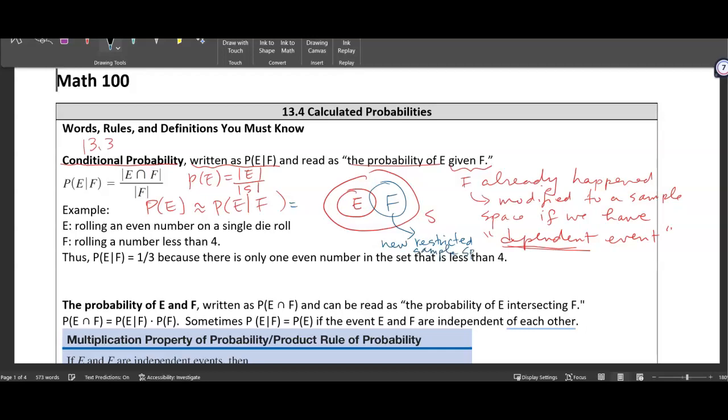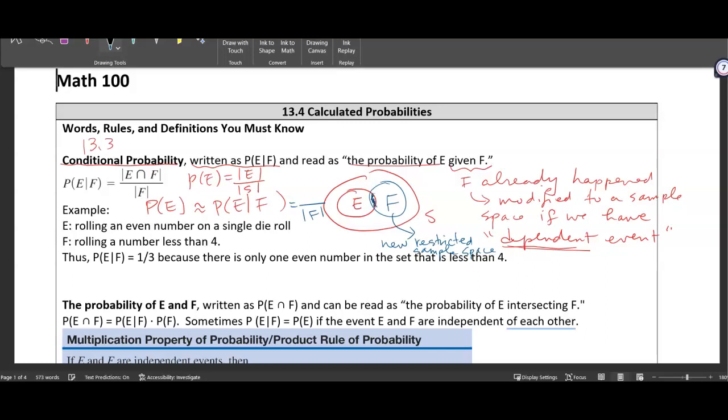That will be our new denominator, because no longer are we looking at the whole sample space. If it's dependent, our sample space got restricted to only looking at F. So the probability of E only considers the part of E that is in F.